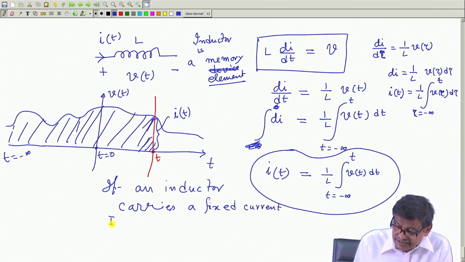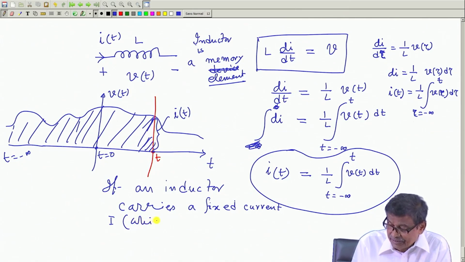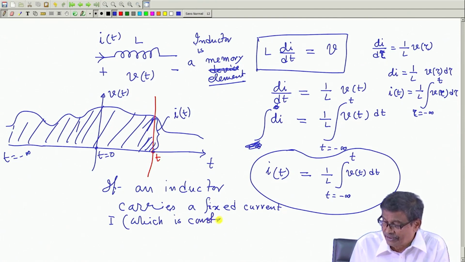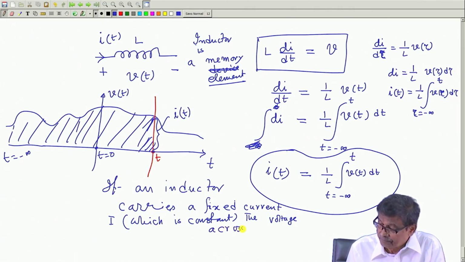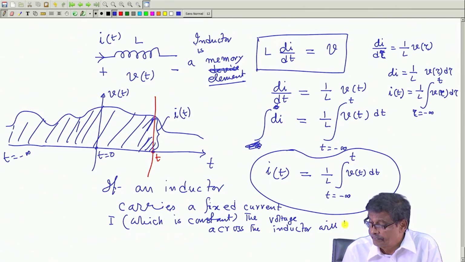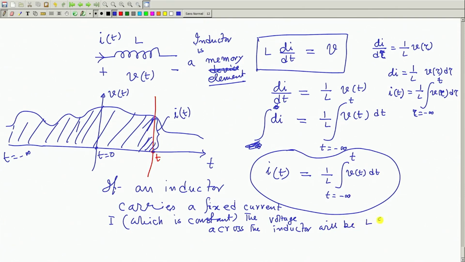say I, which is a constant value, then the voltage across the inductor will be L d/dt of I. Since I is constant and does not change with time, this must be 0.